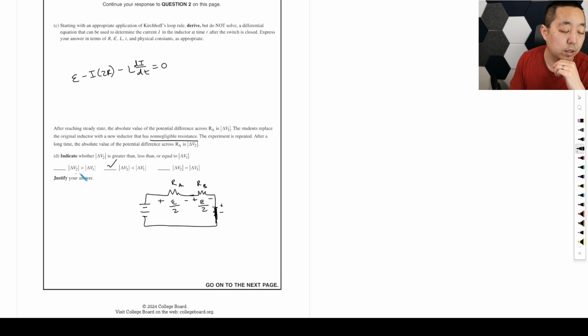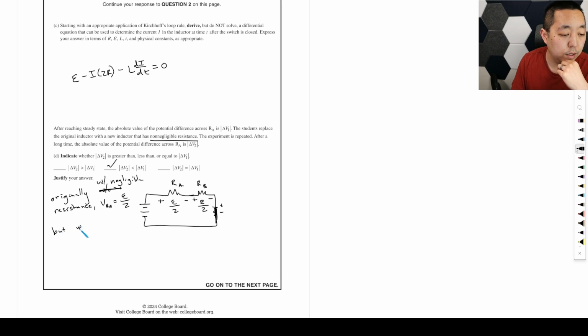It's supposed to be smaller because in the original, with negligible resistance, the voltage drop across the RA was just equal to epsilon over 2.